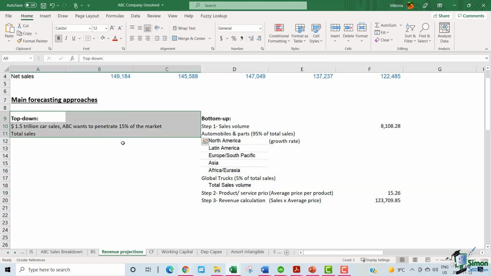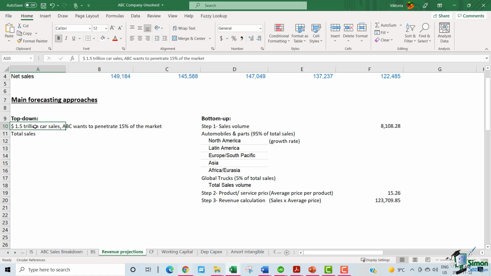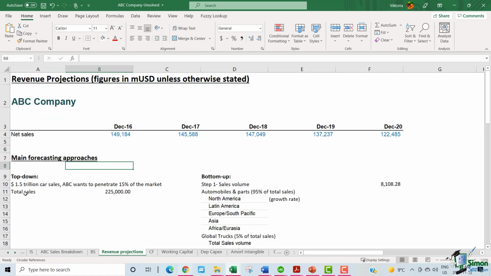In the top-down approach, we start with the big picture and work downwards. We define the milestones that need to be achieved in order to reach the target. For instance, if car sales are around $1.5 trillion, what should the total sales forecast of ABC be if it wants to penetrate 15% of the market?